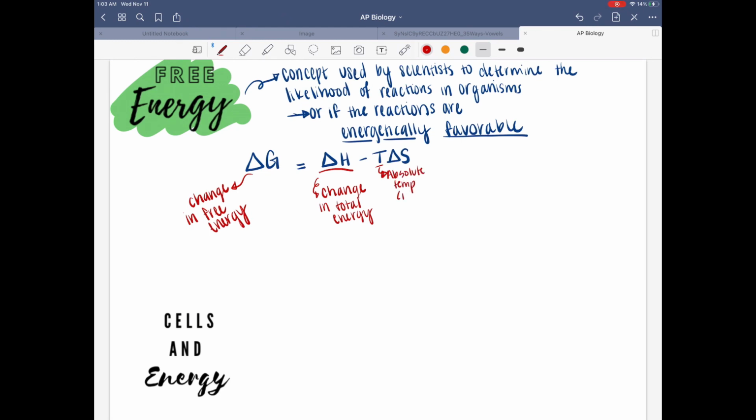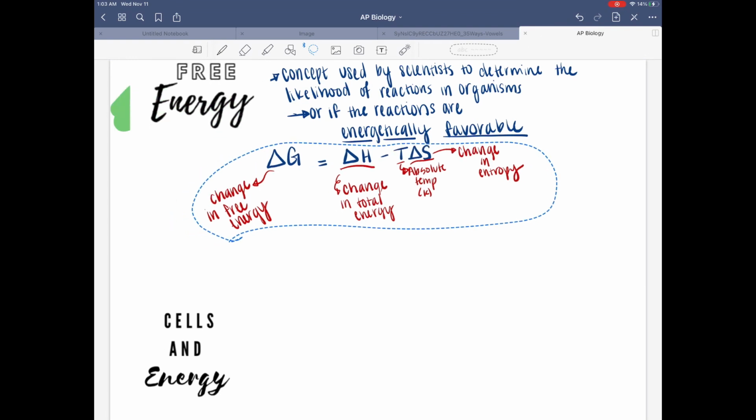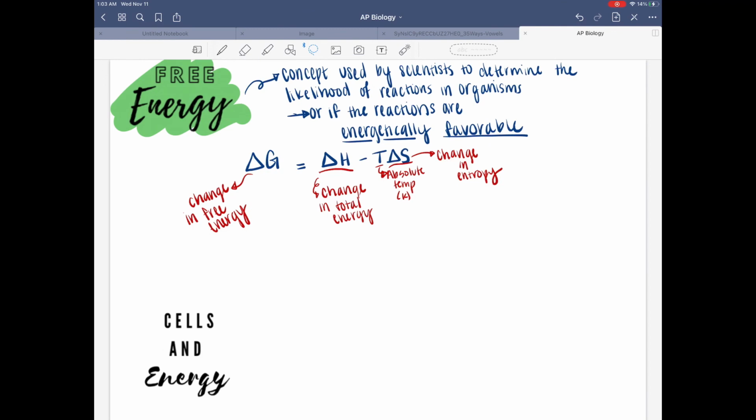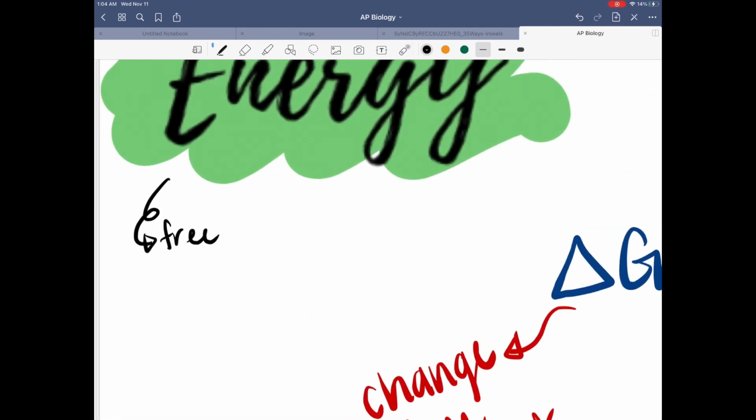So when we see a change in total energy, we're going to take away the temperature times the amount of disorder that was caused, and that tells us the overall change in free energy. Okay, so think about what we're doing in that formula as well.